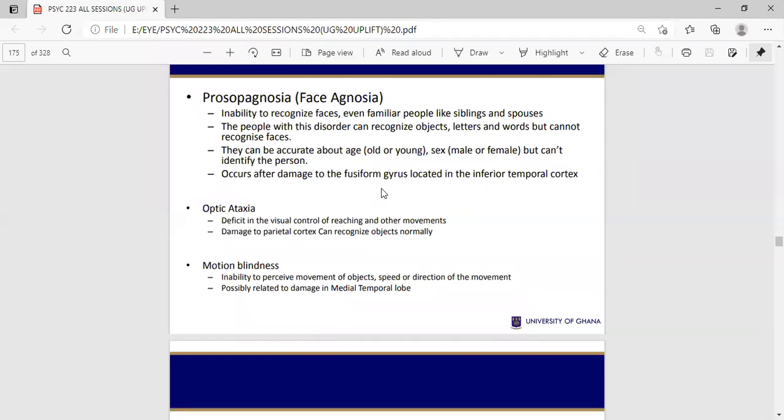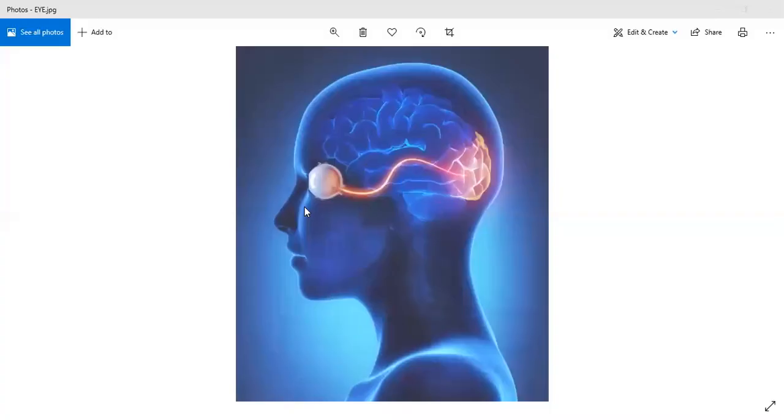It wouldn't be able to process that. So it will lead to this disorder, prosopagnosia, whereby the person wouldn't be able to recognize familiar faces. Some of these prosopagnosia patients can't even recognize their own face. It goes beyond.